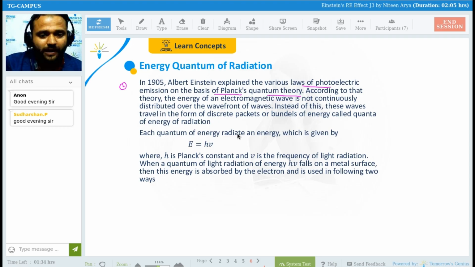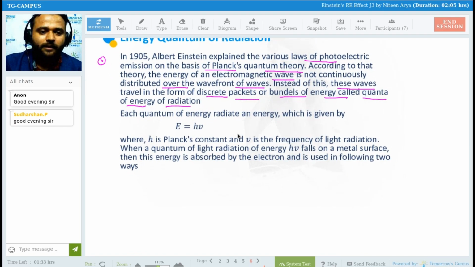According to that theory, the energy of an electromagnetic wave is not continuously distributed over the wavefront of the waves. Instead, these waves travel in the form of discrete packets or bundles of energy called quanta of energy of radiation. See, in the previous chapter, Huygens principle, right?